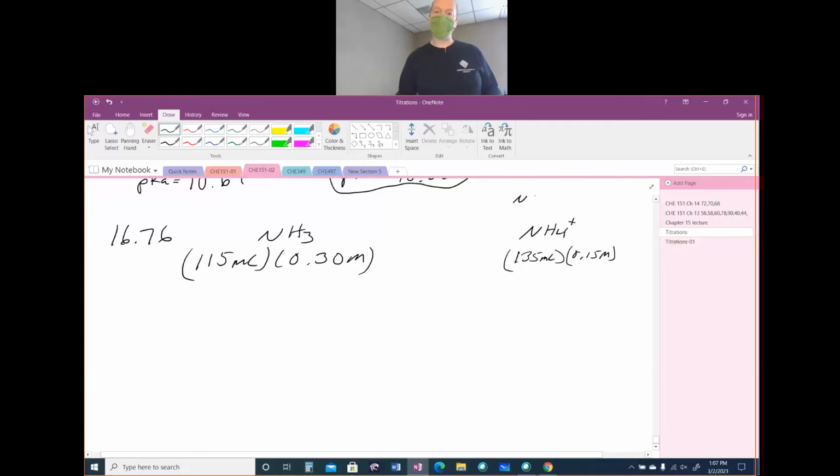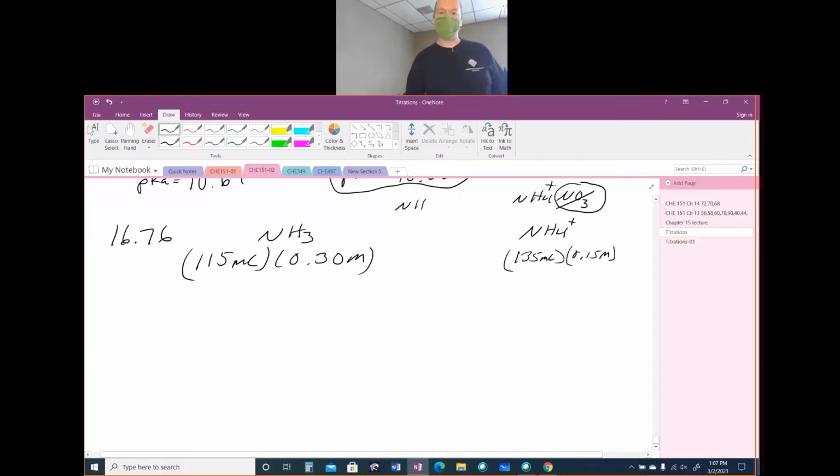When you have NH4NO3, you have to recognize that your NO3 minus is the conjugate of HNO3, which is a strong acid, which has zero effect on your pH. And so that is simply NH4 plus. In the previous one, they used Br.